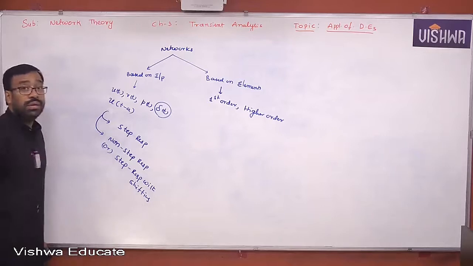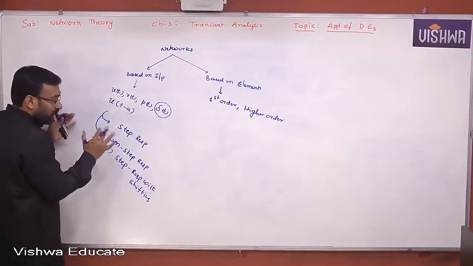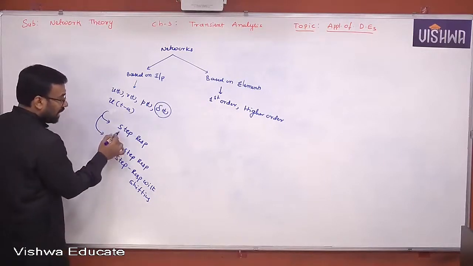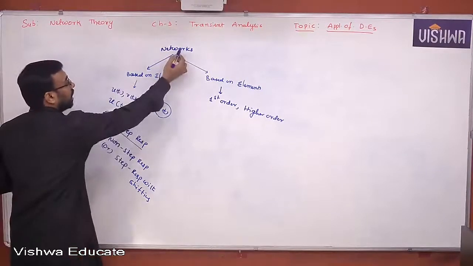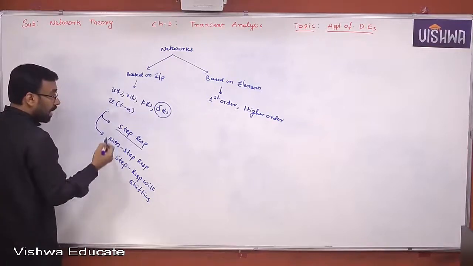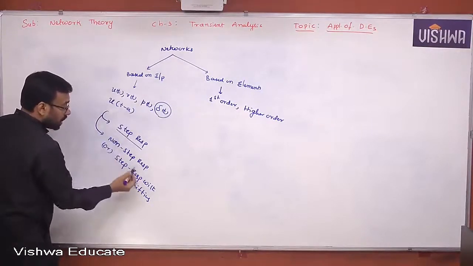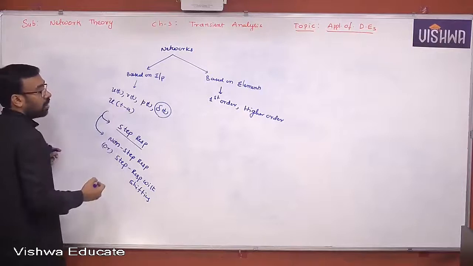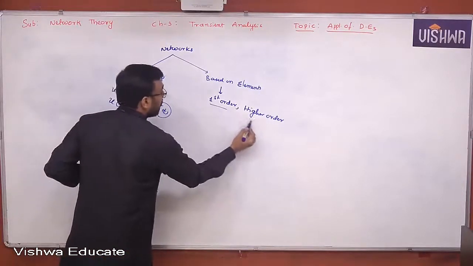So you have two kinds of networks based on the inputs given: step response based networks, and non-step response based networks. First order networks, higher order networks.